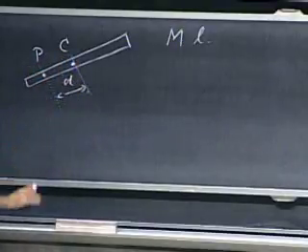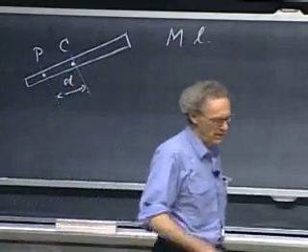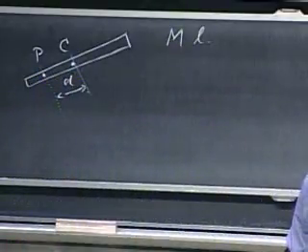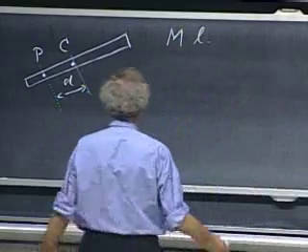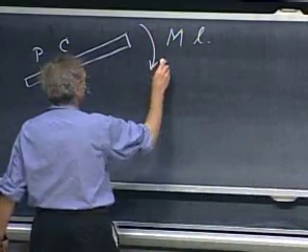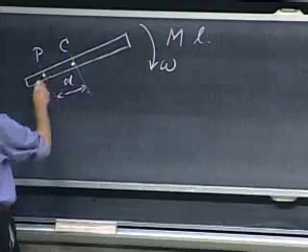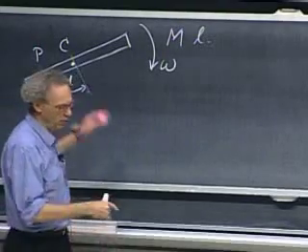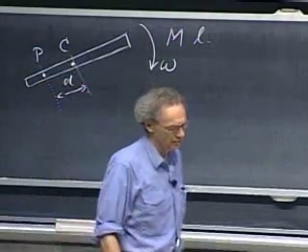Think of this as a horizontal frictionless plane, and I'm rotating it with an angular velocity. Let's say we rotate it in this direction, forced about that point P. I put a pin in there perpendicular to the blackboard, and I rotate it.